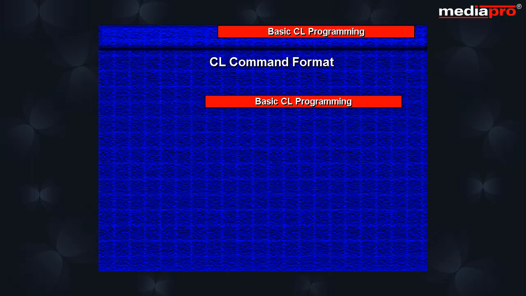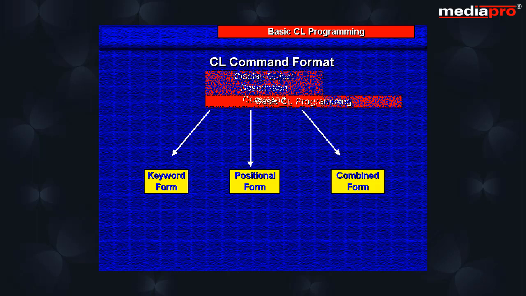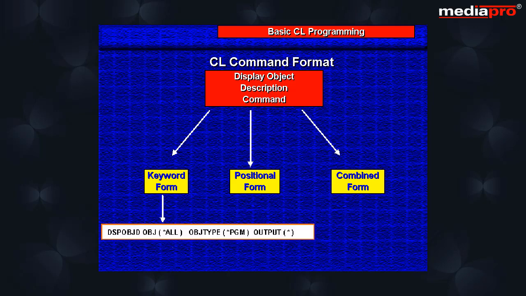CL commands can be written in three forms: the keyword form, the positional form, and the combined form. Let us see how the display object description command can be represented in the three different forms. In the keyword form, each command parameter value is preceded by its keyword.